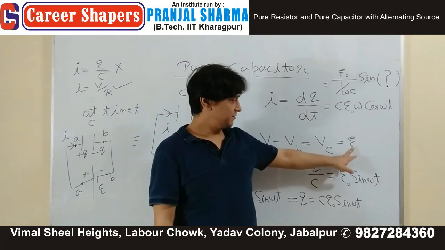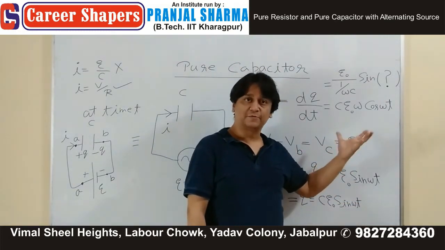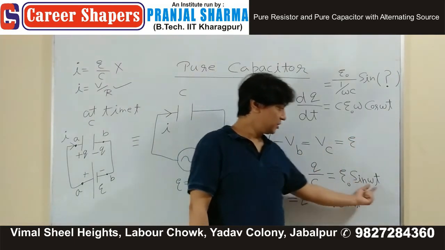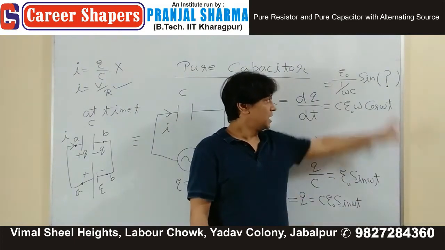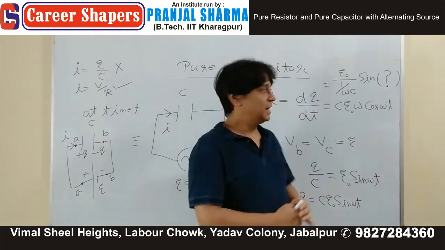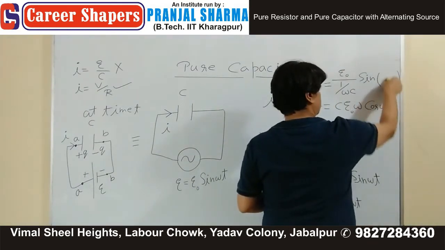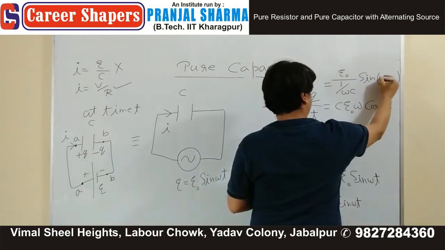What is EMF? Sine omega t. So what is phase of potential difference? Omega t. So I just want to keep omega t over here. Let me help you further.